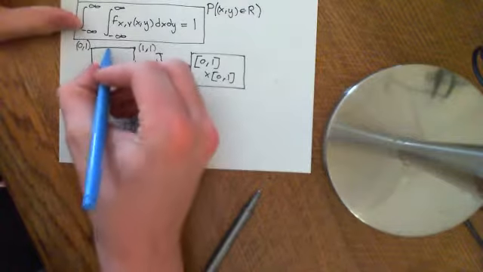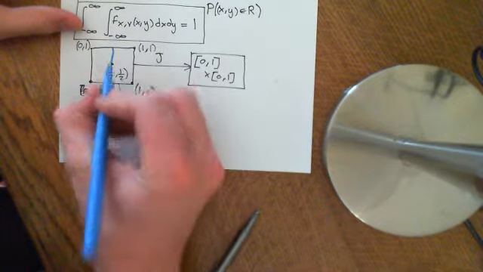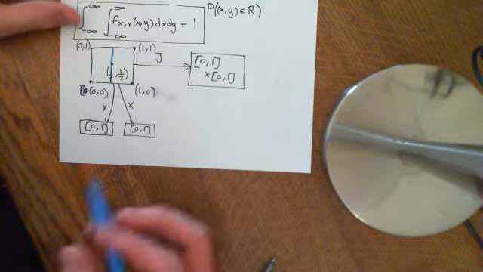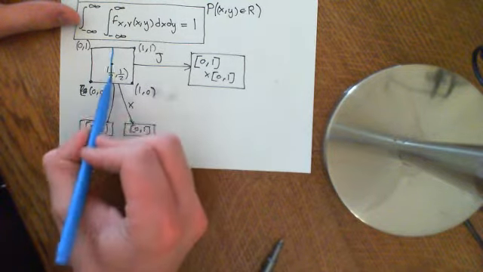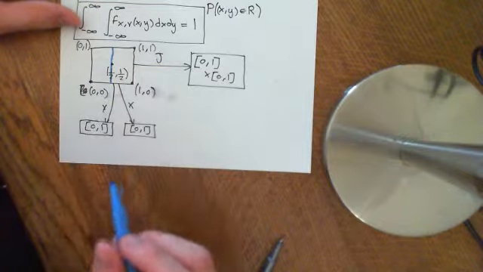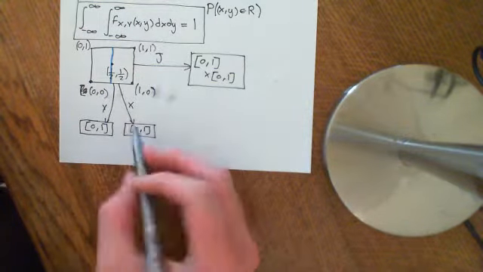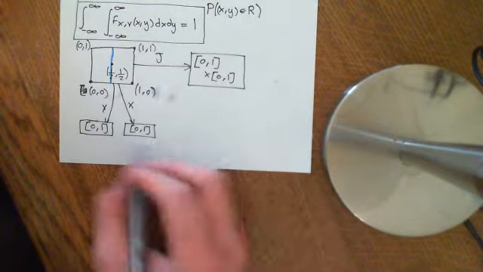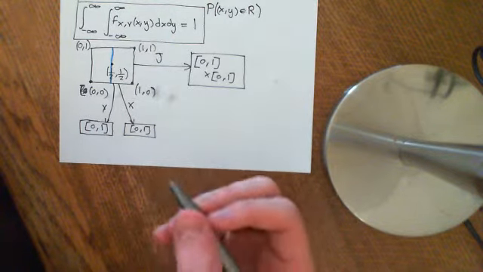The x value is ascribing the same number to points on the same vertical line. So all these blue points, it's going to ascribe the same x number, a half basically. So we can ask, this is a probability space in the real numbers, so it has a probability distribution.